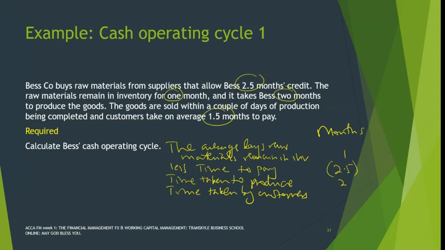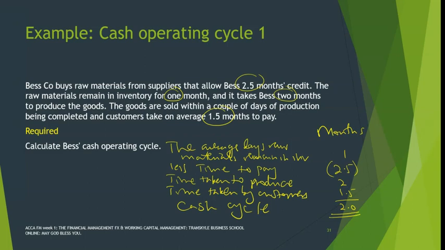We allow them 1.5 months. Okay, so our cash cycle is 1 minus 2.5 plus 2 plus 1.5, which is equal to 2.0. So this is the cash cycle for our business. So our cash operating cycle is 2 months.